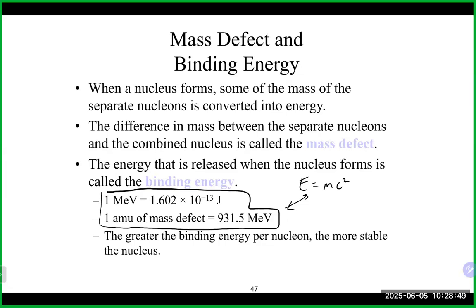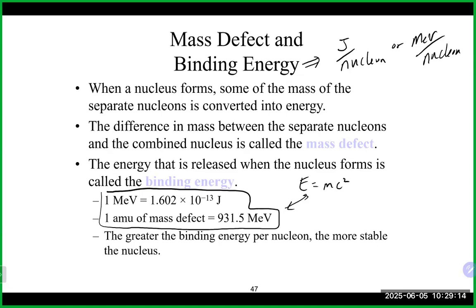Now, there are two common units of binding energy, and the two common units are joules per nucleon or mega electron volts per nucleon. These are two units that are used to represent nuclear binding energy.